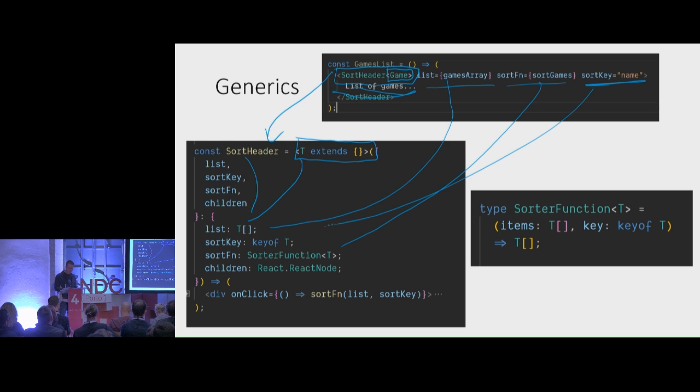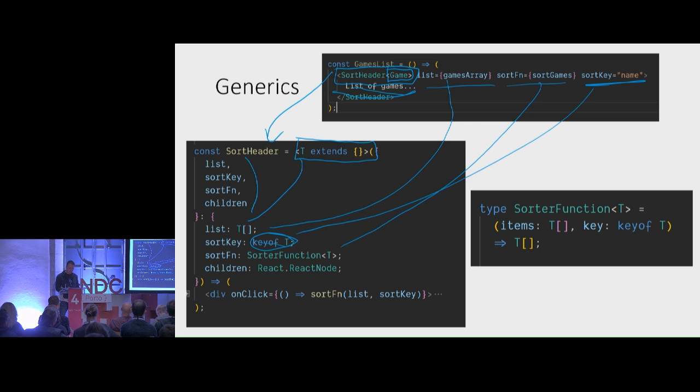The sort key has to be a property, a key of game. So if a game has a name and a score, you can't attempt to use ID as the sort key.